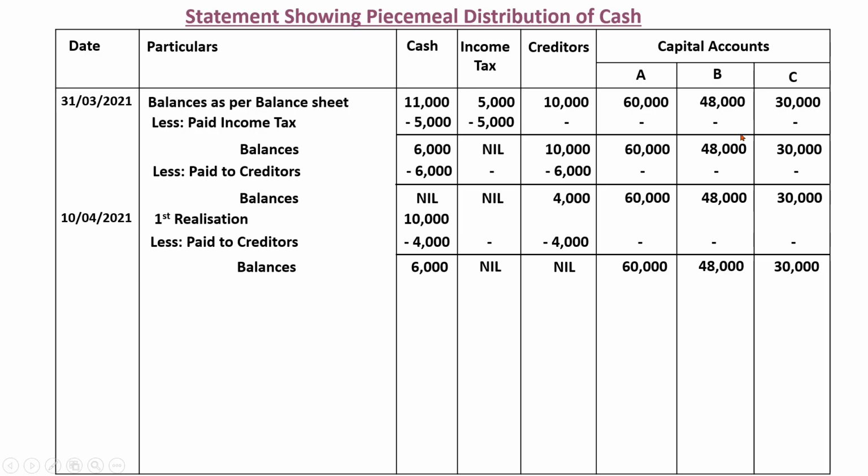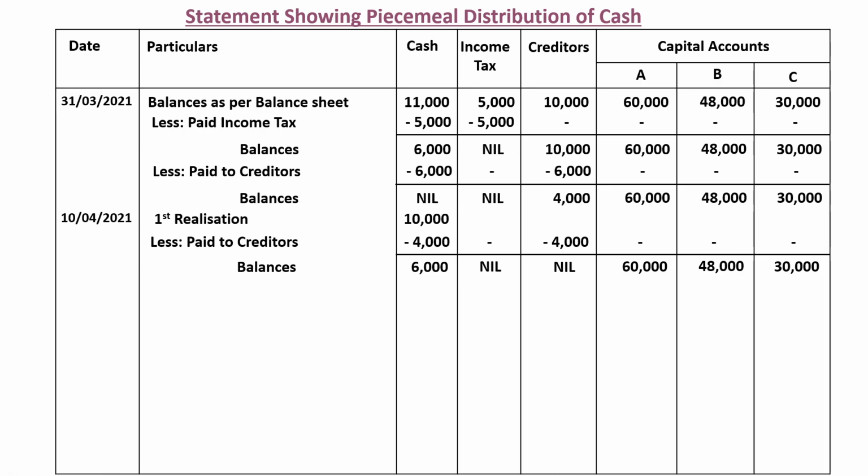Okay, because at the time of dissolution, every partner wants their money back immediately. Okay, but we cannot pay this money directly to the partners. For that purpose, we have a certain order, or we need to prepare a statement showing surplus capital.